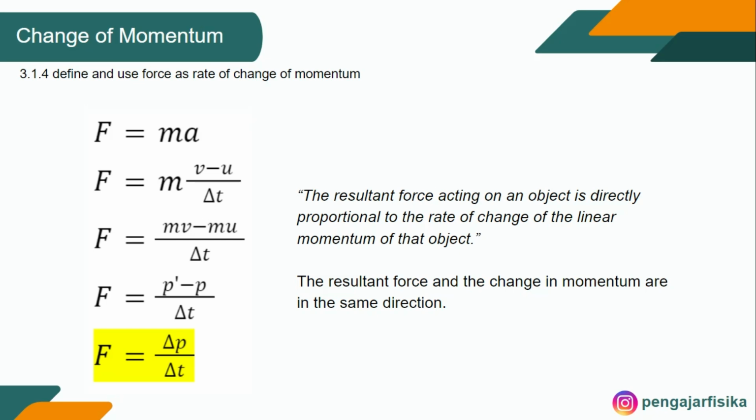So for Newton's second law, we may also state that the resultant force acting on an object is directly proportional to the rate of change of the linear momentum of that object. We may also take note that the resultant force and the change in momentum are in the same direction.